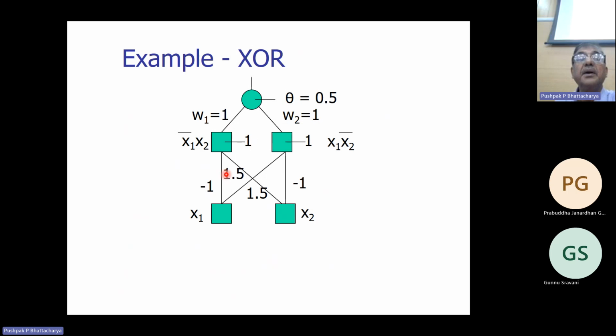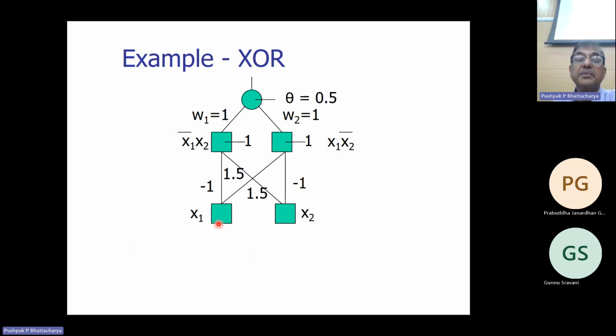So XOR cannot be computed by a single perceptron, but it turns out that it can be computed by more than one perceptron put together. So what is the architecture? The architecture is this. It is the final neuron in the uppermost layer, which becomes 1 or 0, based on the inputs.